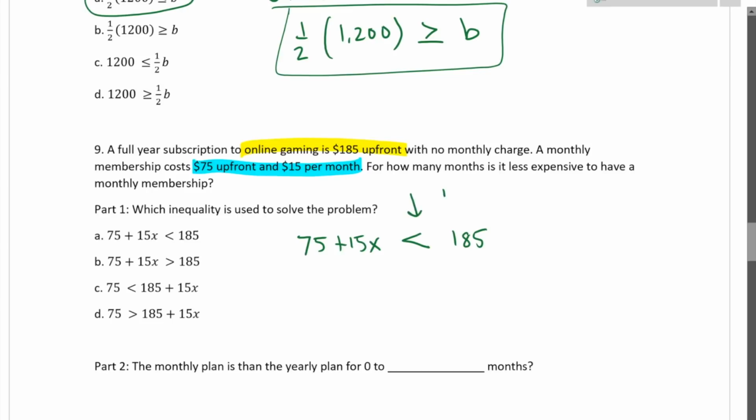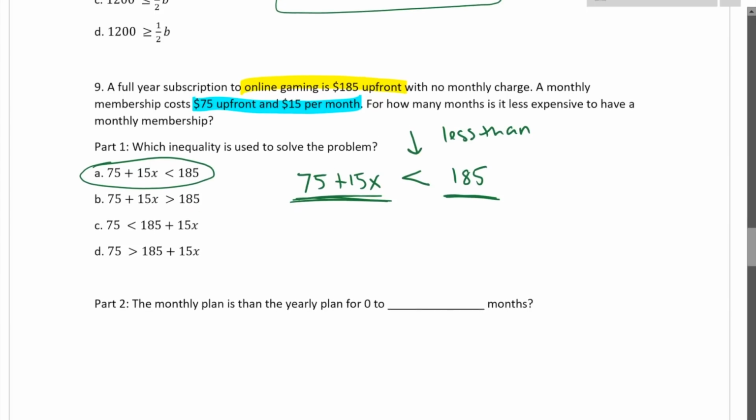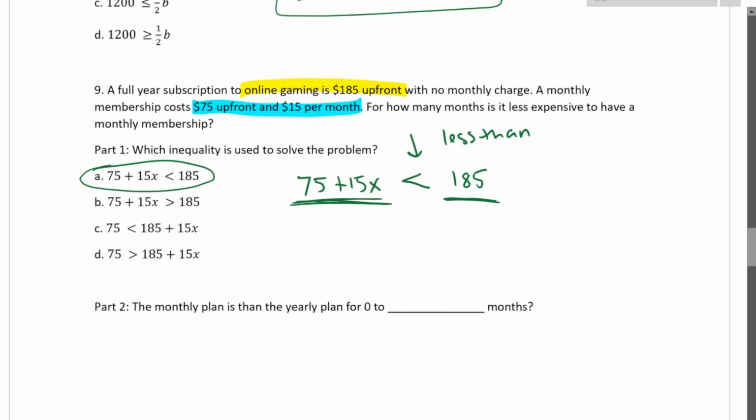This is the less than sign. So again, I want this number to be less than this number. And is that an answer? Well, yeah, this right here. All right. So the monthly plan is less than the yearly plan for 0 to blank months.